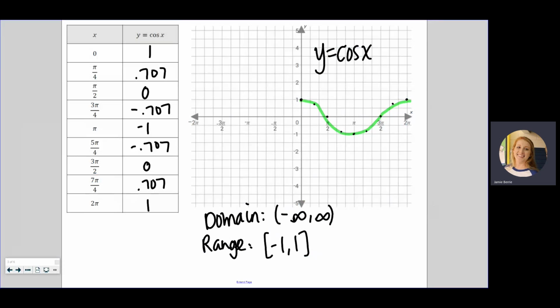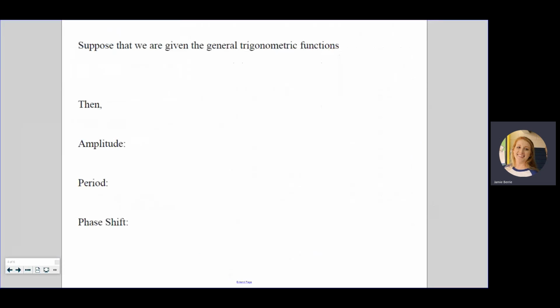Now that we've just seen what the graphs of sine and cosine look like, we can talk about what trig functions will look like in general. So you'll have something that looks like this. Y equals A, that'll be our coefficient, times some trig function, maybe it's sine, maybe it's cosine, of bx minus c plus d.